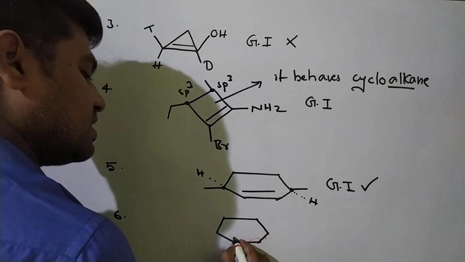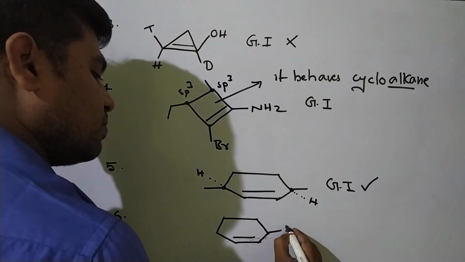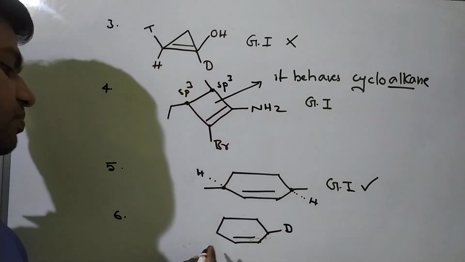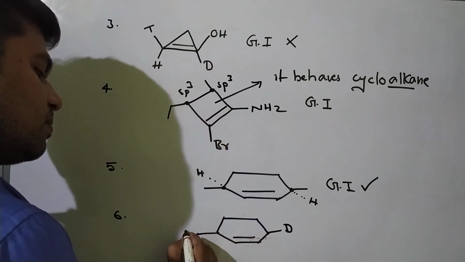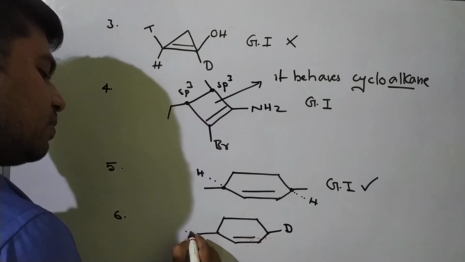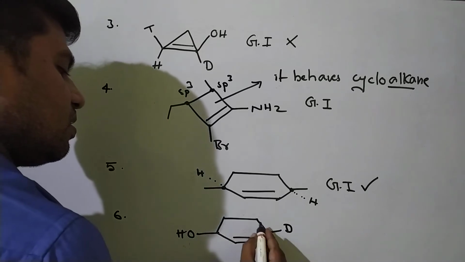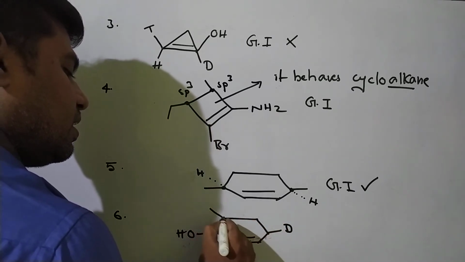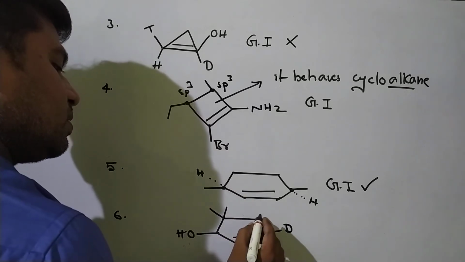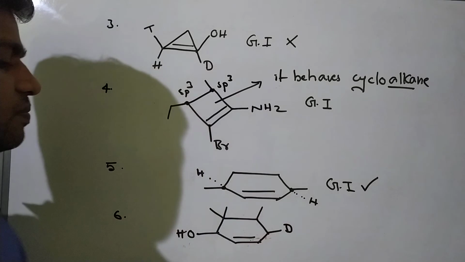And some other example. Okay students, so this is a double bond. Here some deuterium atom is given, here also some OH group is given. Here two methyl groups, and here some methyl group.